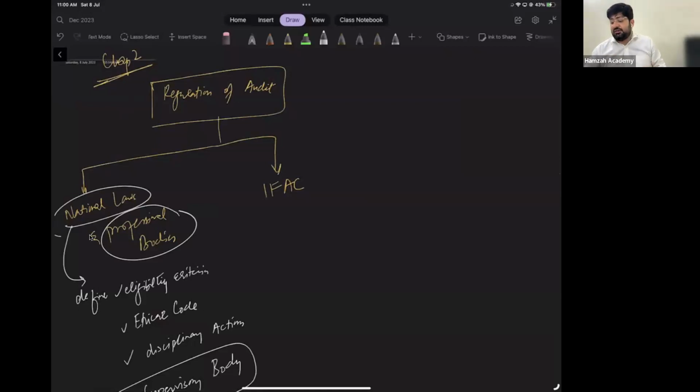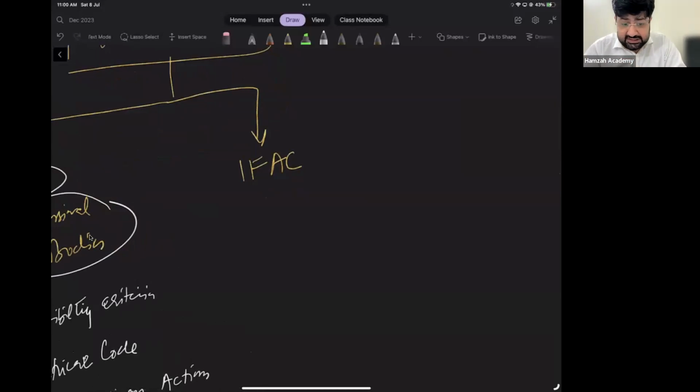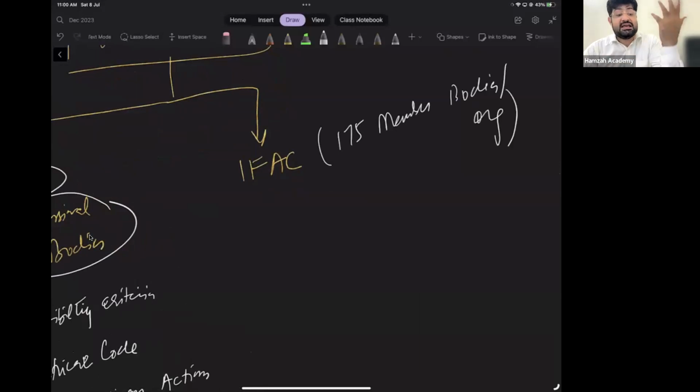What is IFAC? The other source. IFAC is basically a global organization. It has 175 member bodies or organizations like ACCA, ICAW.